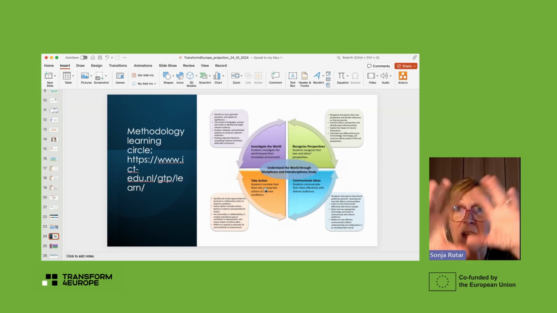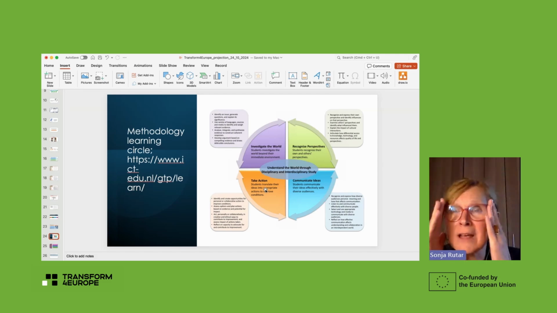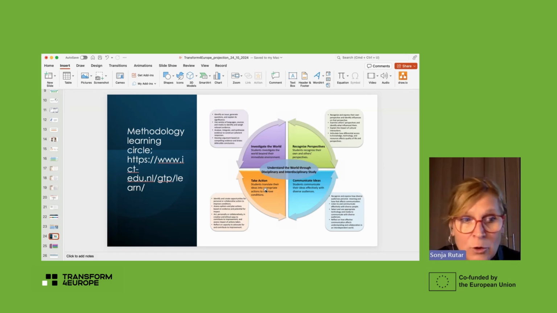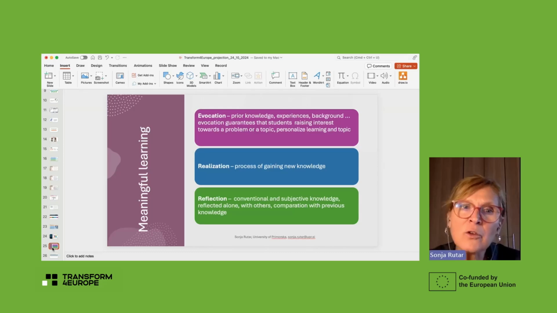Maybe, of course, they developed by themselves. They argue, they explain how they see it, why it's important in this way, why they think that this is so. But the protocol itself, they have to know the protocol, and how they will come to this protocol, how they will learn this protocol. This is their own way, could be their own way. So meaningful learning starts with evocation, realization, and reflection.